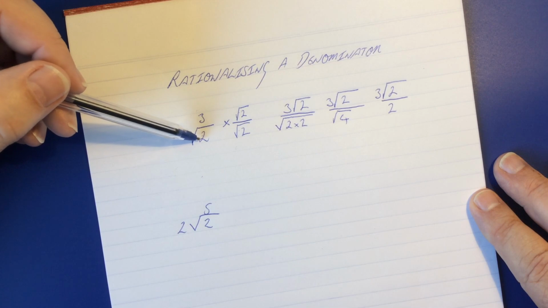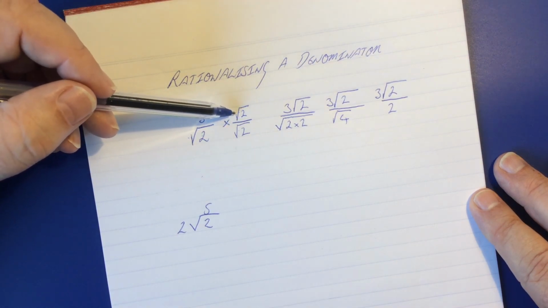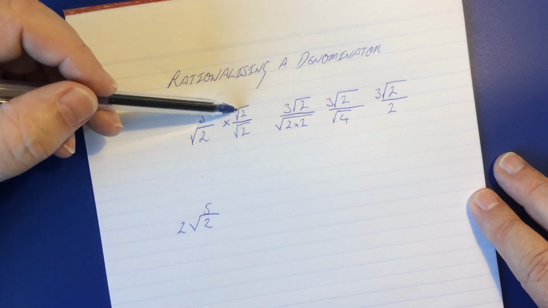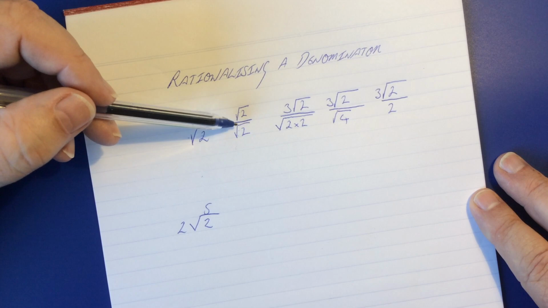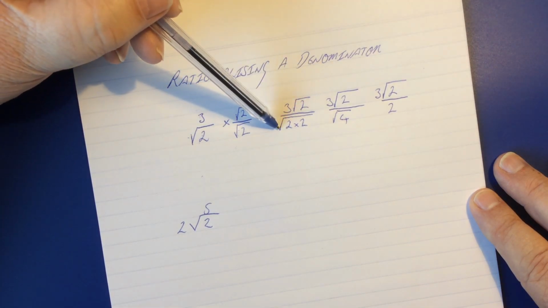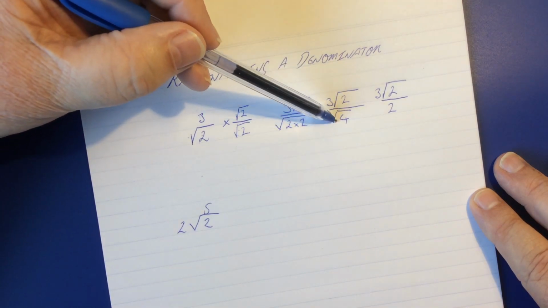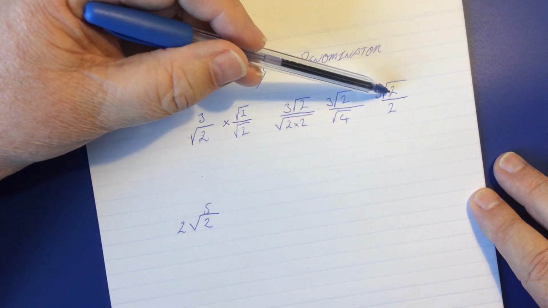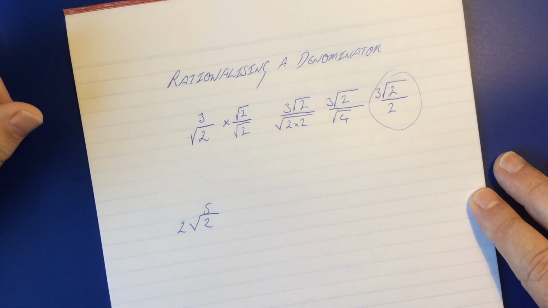So we take this denominator and we create a fraction out of it. Root 2 on root 2, which is the equivalent of 1. And we multiply this by this. And in so doing, we get 3 root 2 over root 2 times 2, which is 3 root 2 over root 4, which is 3 root 2 on 2, which is our answer.